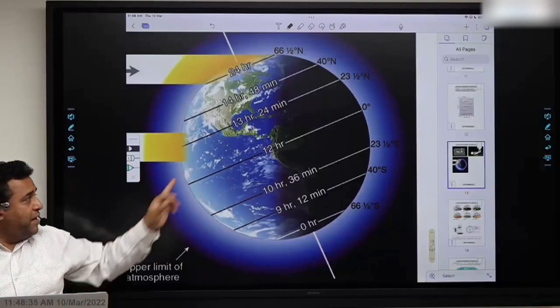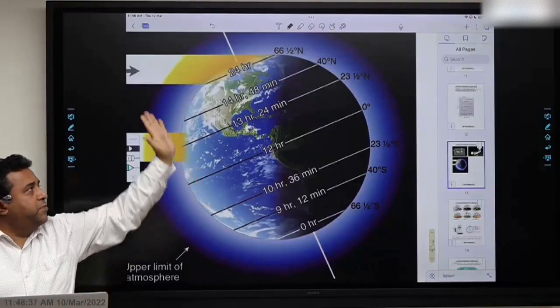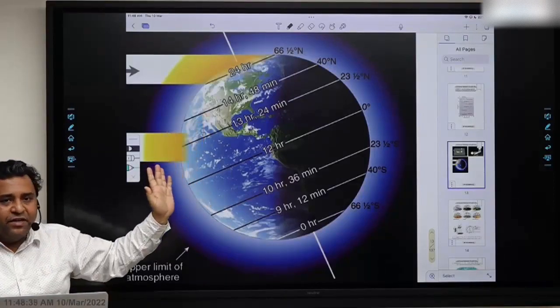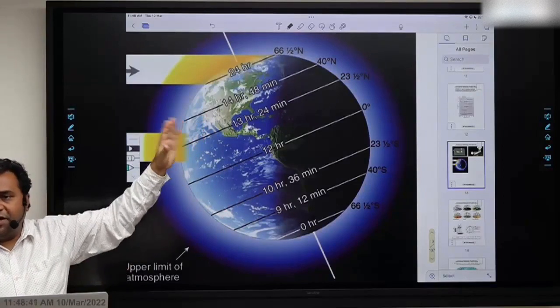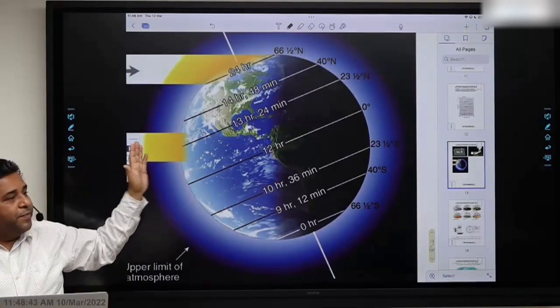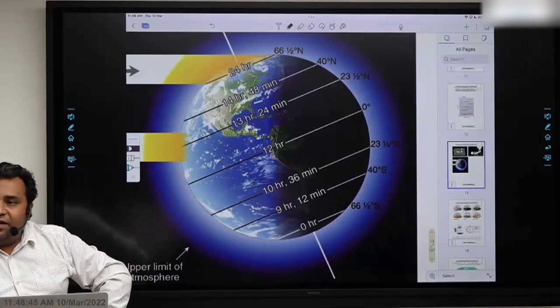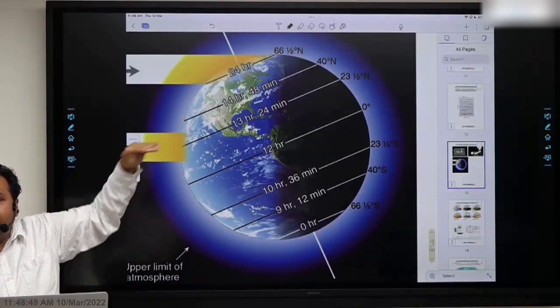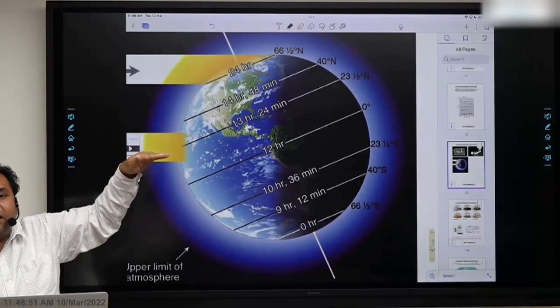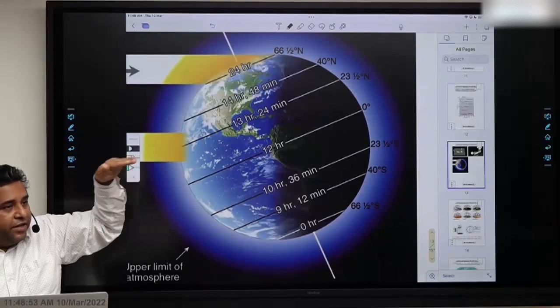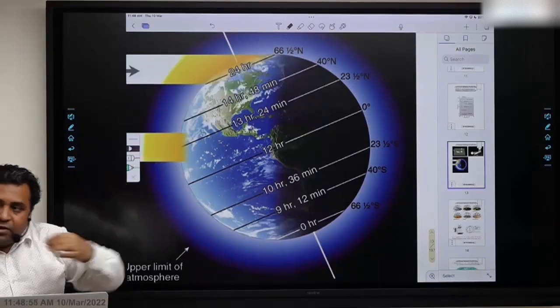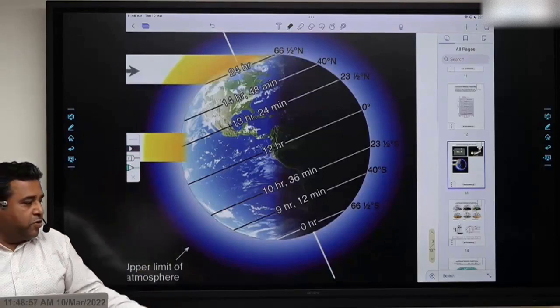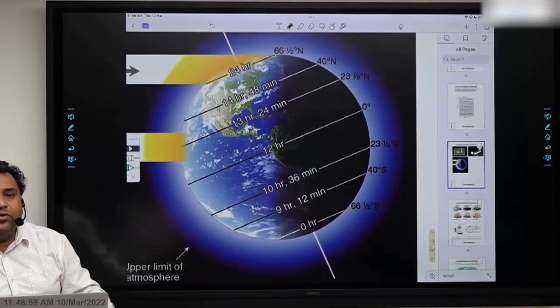For example, suppose the earth was straight. Right now in this diagram it is tilted, but assume it was not tilted. Then where will the sunlight fall perpendicular? At the equator. Whereas at the pole it will fall nearly parallel. Suppose you are holding a torch nearly parallel to the ground.